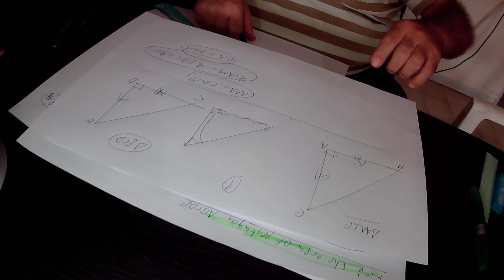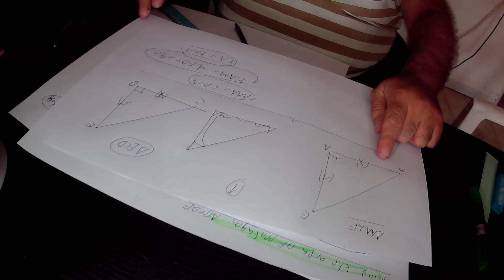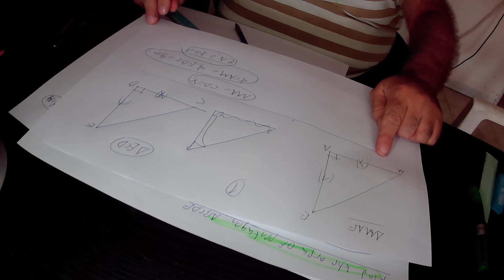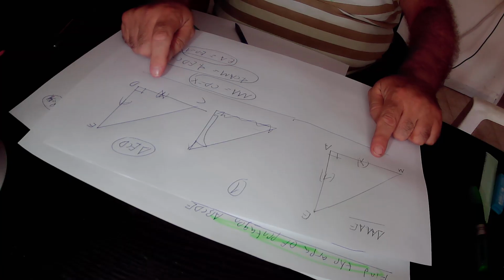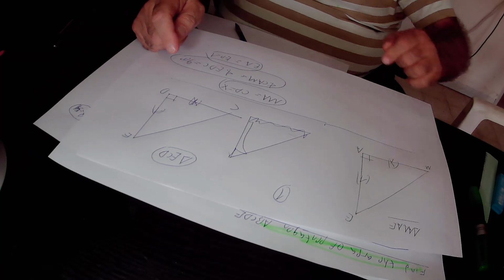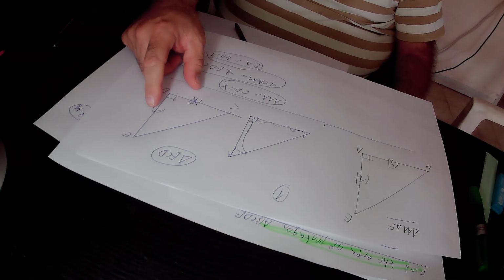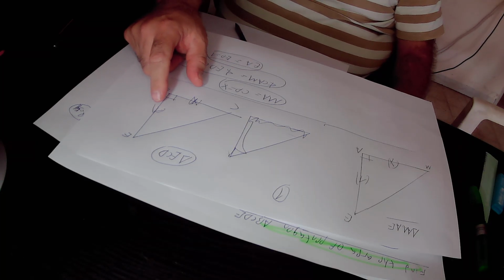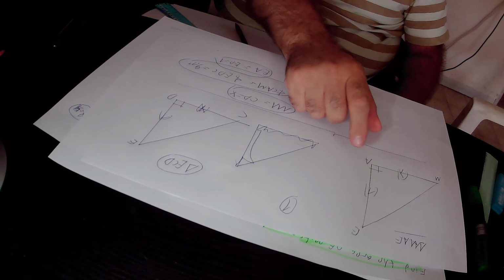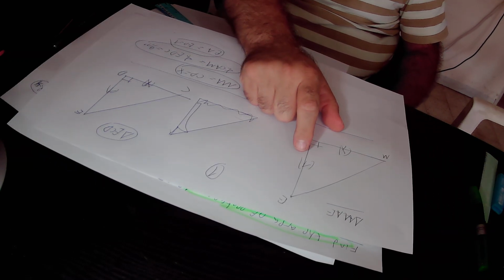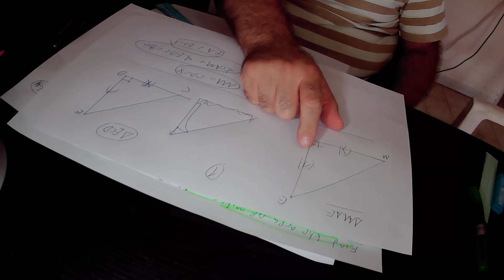So we prove that those two right triangles can go into each other according to the side angle side rule. That is to say, those two sides and the angle that is included between those two sides in the right triangle ECD are correspondingly equal to those two sides and the angle that is included between those two sides in the right triangle EAM.